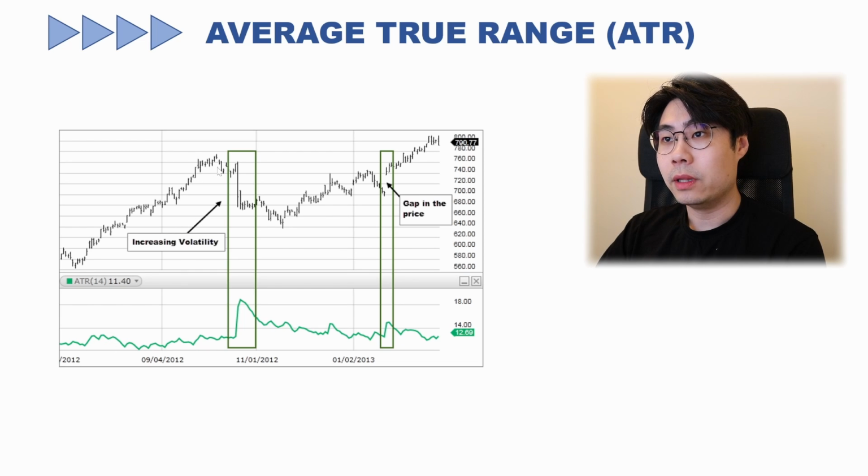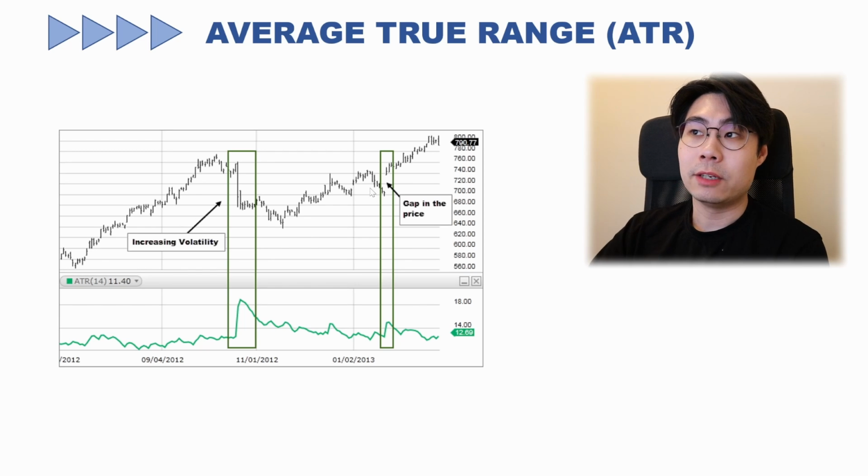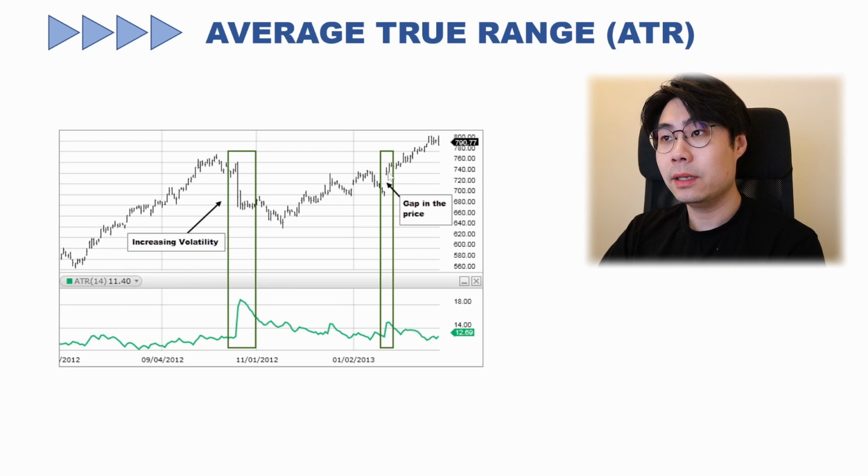As you can see, when there is an increase in volatility, when there are huge candlesticks, then the average true range increases. Of course, when there are also gaps, this also increases the volatility because the price difference is significant between the previous day and the current day, and hence it increases the ATR.